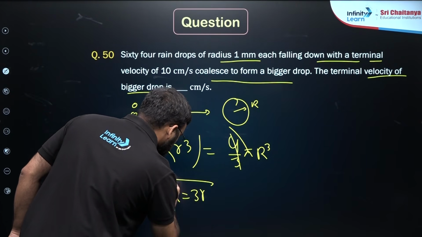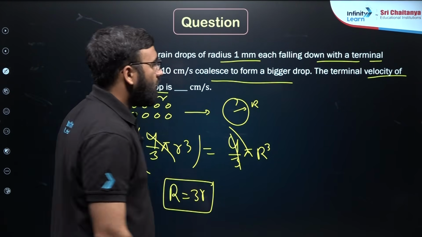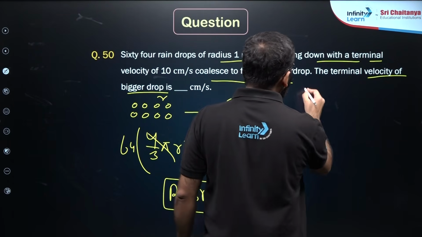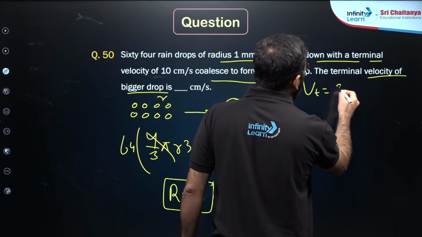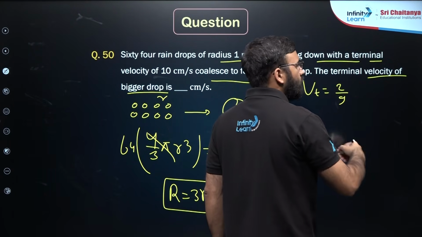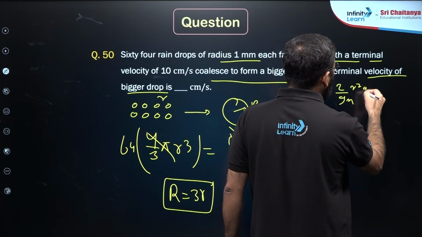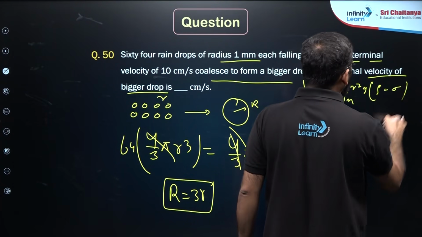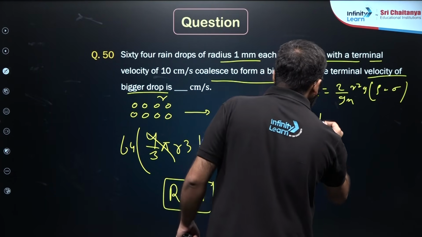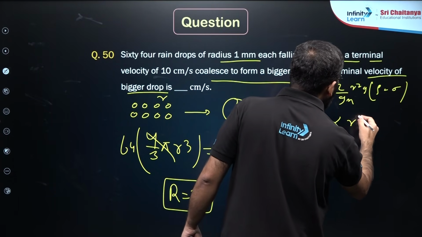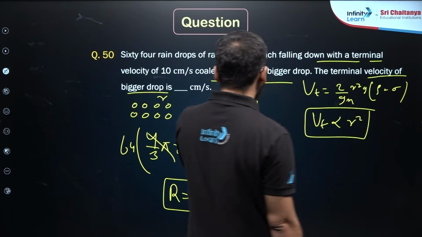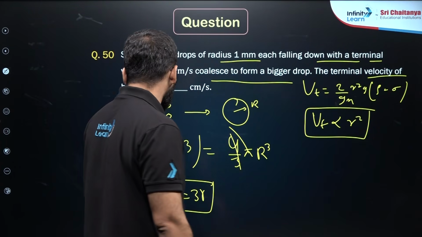4r. So what is my terminal velocity? Vt equals to 2 by 9 eta r square g into rho minus sigma. Okay, so my terminal velocity is directly proportional to r square beta. So you can take the ratio V1 by V2.